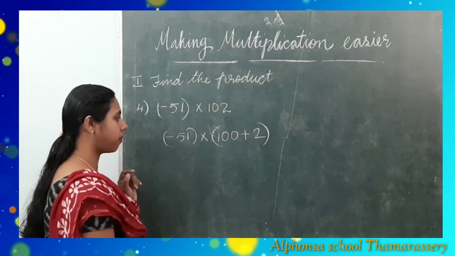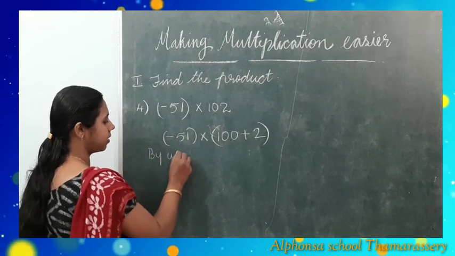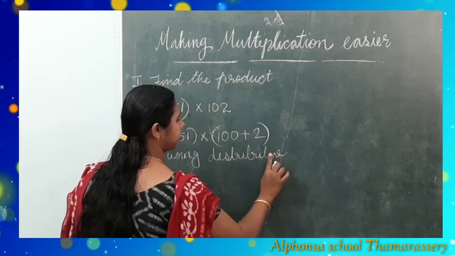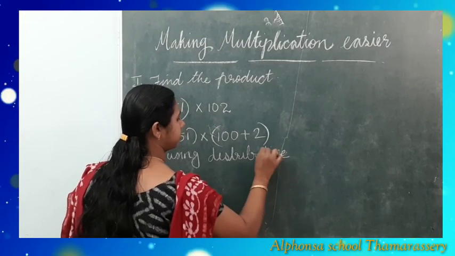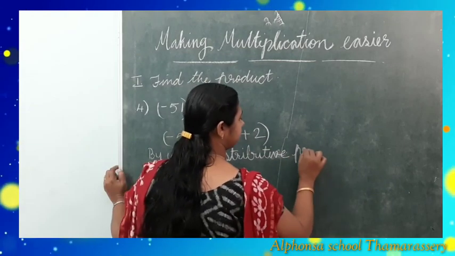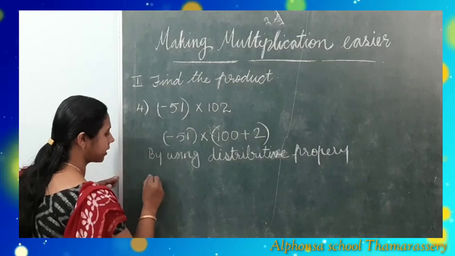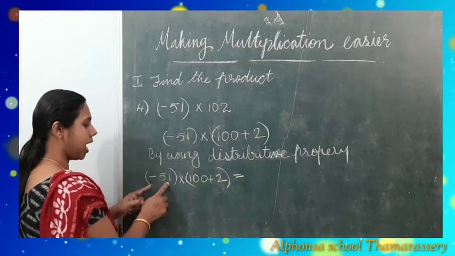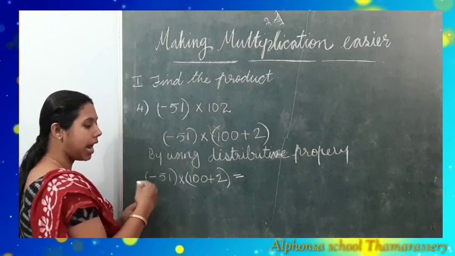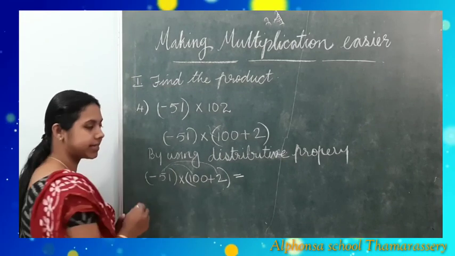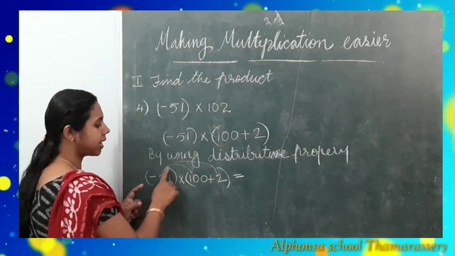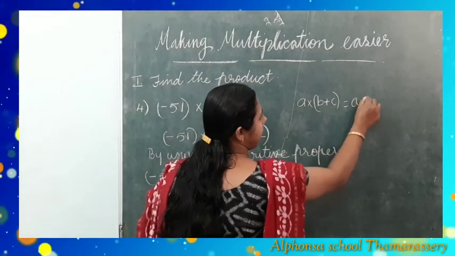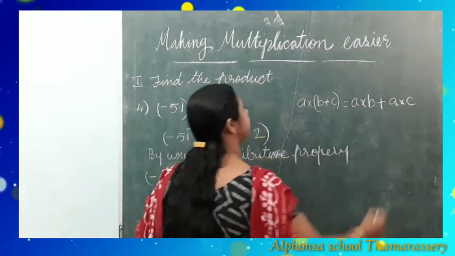So using distributive property, we can write it as minus 51 into 100 plus 2, which is equal to A into B plus C, is equal to A into B plus A into C. A into B plus C is equal to A into B plus A into C. That is a distributive property.